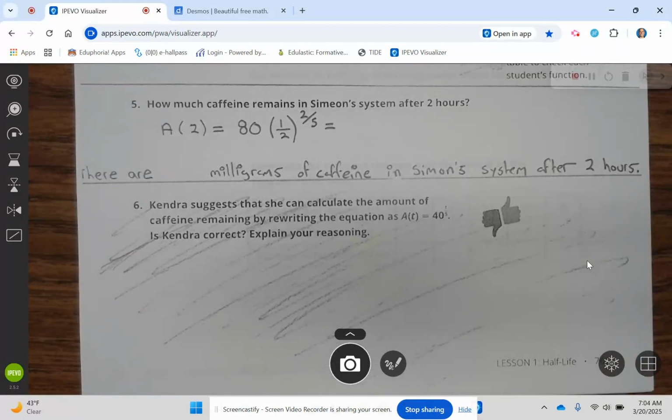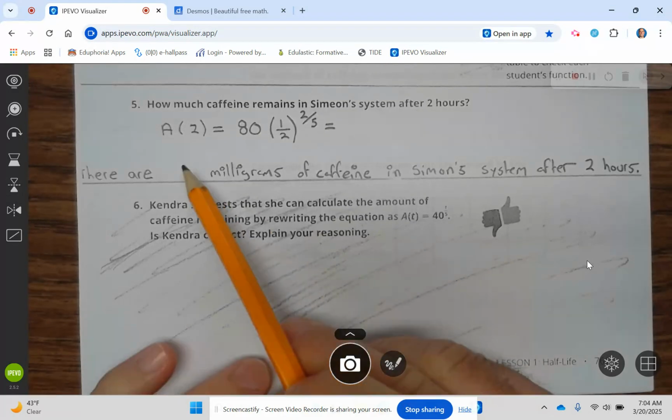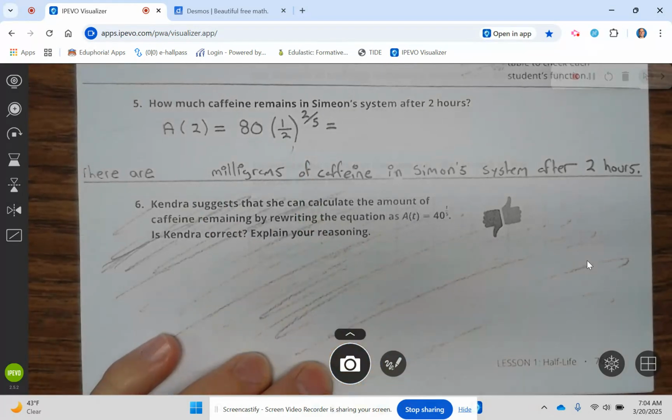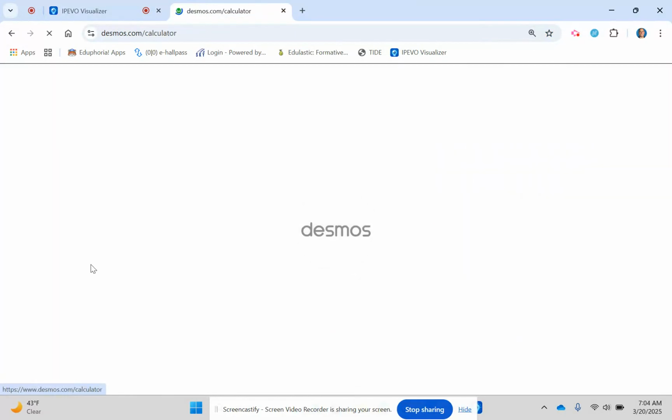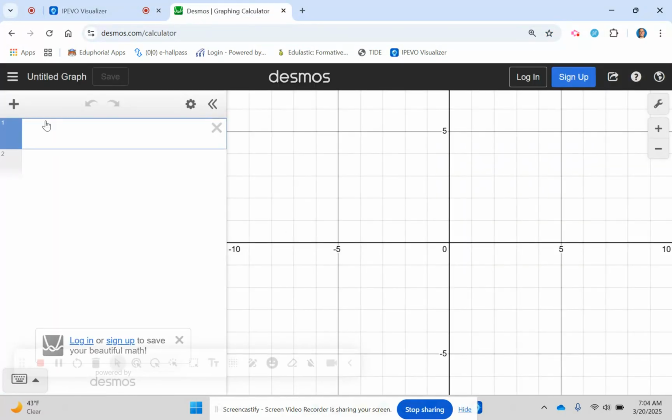5. How much caffeine remains in Simone's system after 2 hours? So what we need to do is plug 2 into the equation. So let's go ahead and do that. So that's 80 times parentheses.